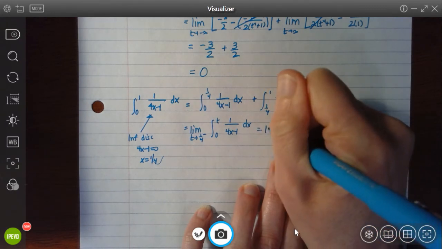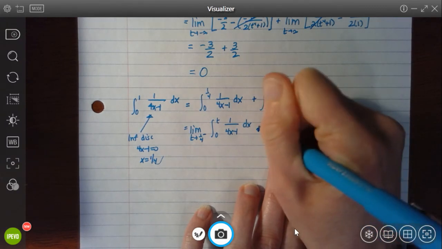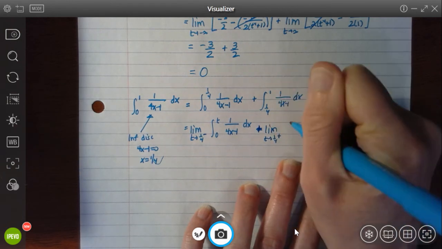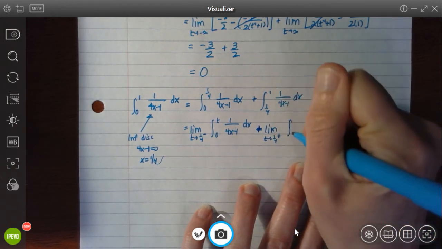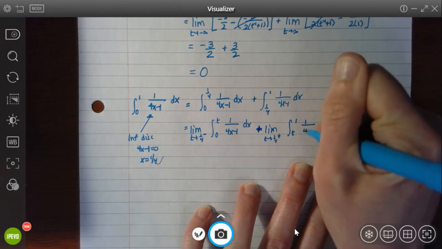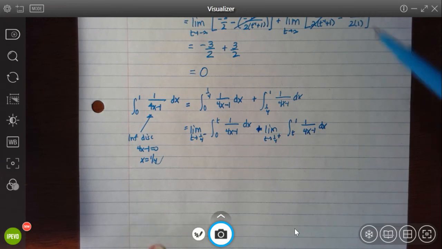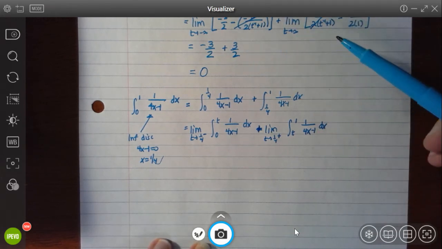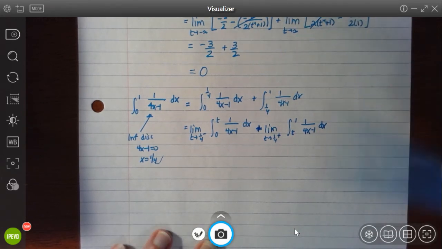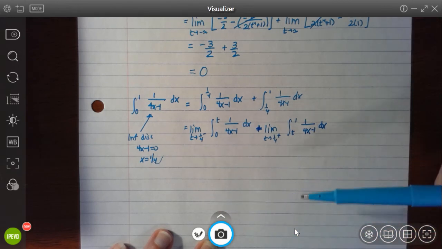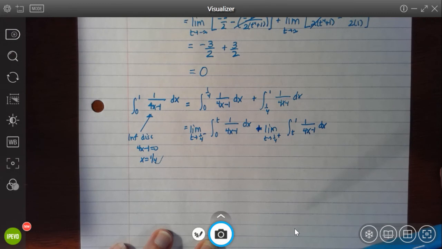So we're going to let the limit, oops, it should be plus, the limit as t approaches 1/4 from the right, of the integral from t to 1. Okay. Now, similar to what we did in these problems up above, we're going to need to evaluate both of those limits. And again, if one of our limits happens to diverge, then the overall problem is finished.